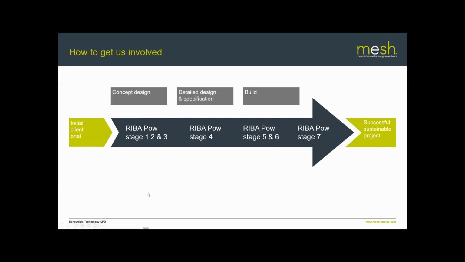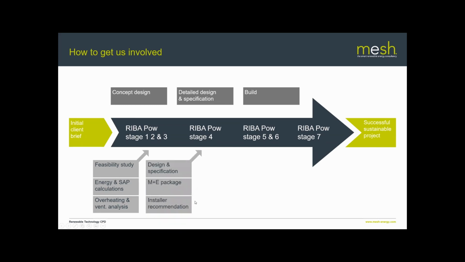Okay, so this is how Mesh works with our clients. We can be involved all the way through the whole process, from feasibility and early stage design, all the way through detailed design and specification at stage 4, and then oversight throughout the installation.